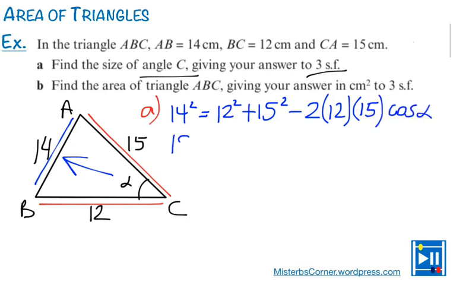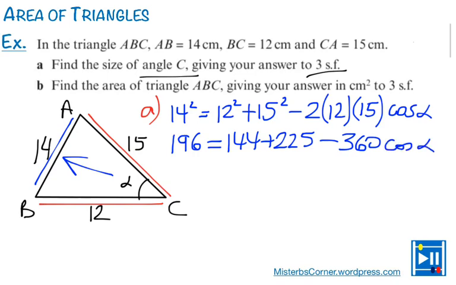Now 196 equals 144 plus 225 minus 360 cosine alpha.